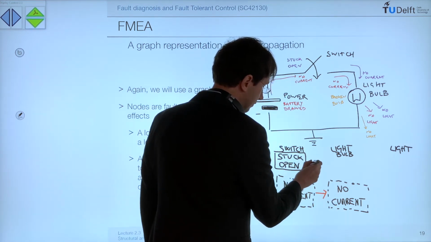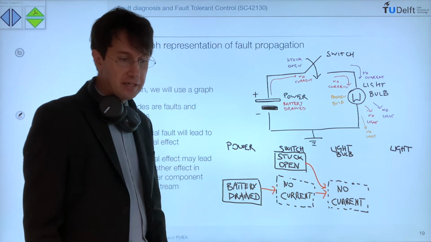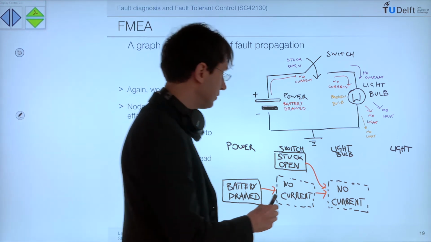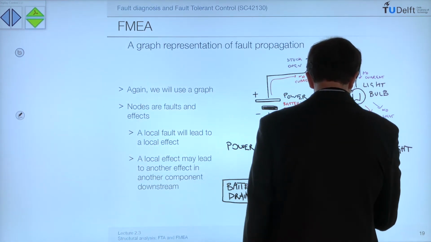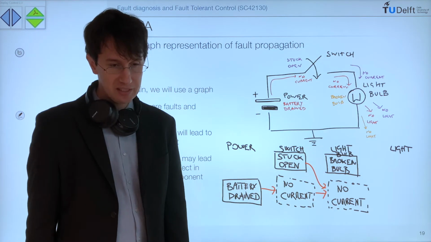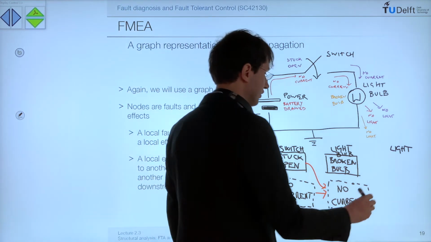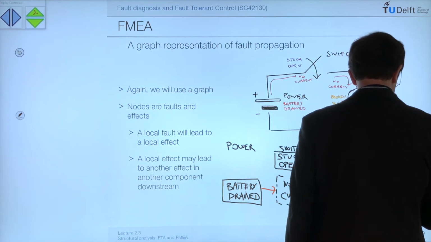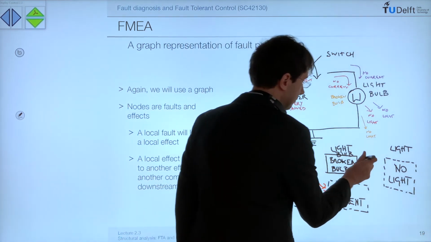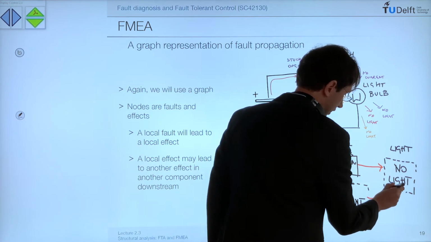But stuck open, no current at this level as well. And finally, at the light bulb level, we have the broken bulb, which is a local fault. And both at the higher level will cause the final effect of no light being produced. And the connection is like this. So broken bulb, no light; no current, no light.